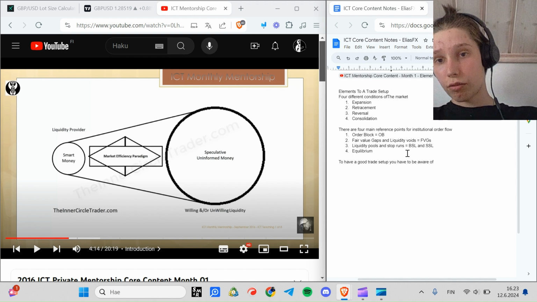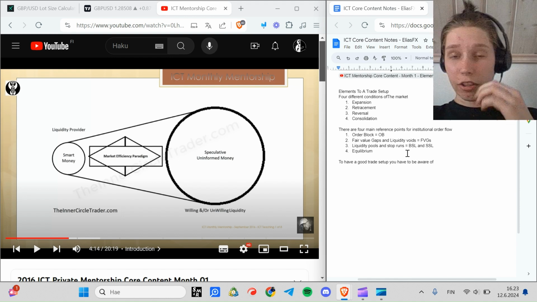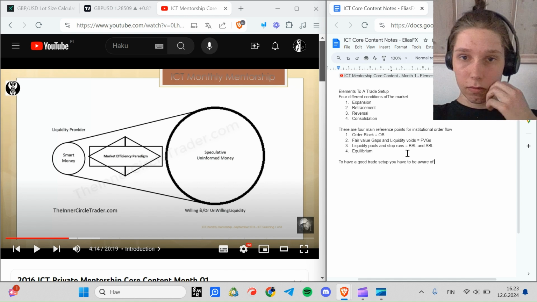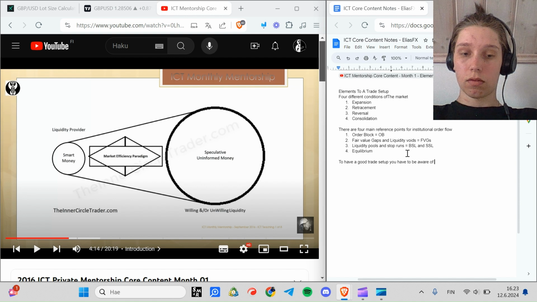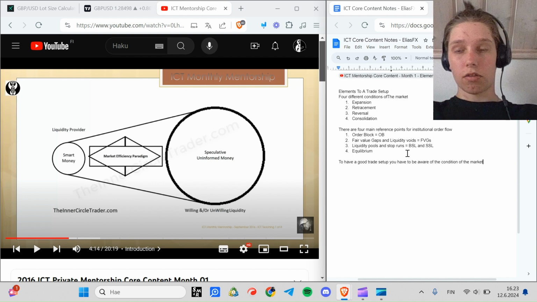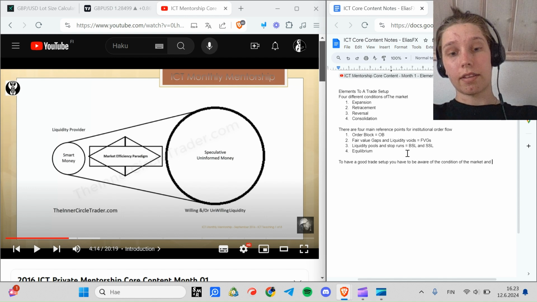So to have a good trade setup, you have to be aware of the condition of the market and what is your main reference point in institutional order flow. So, condition of the market and reference point.